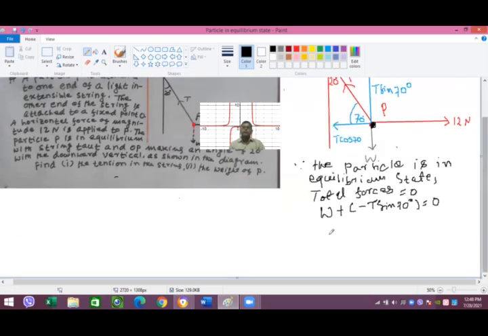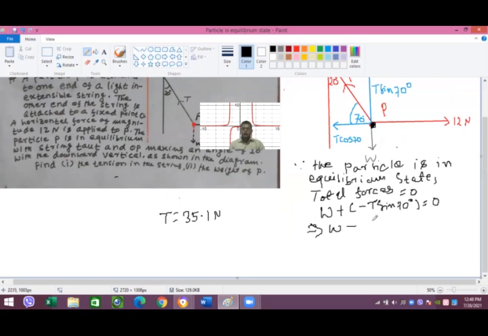And you already have the value of T that you obtained, T equals 35.1 Newton.